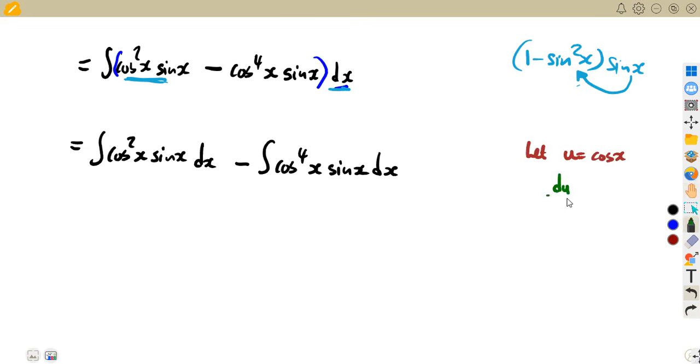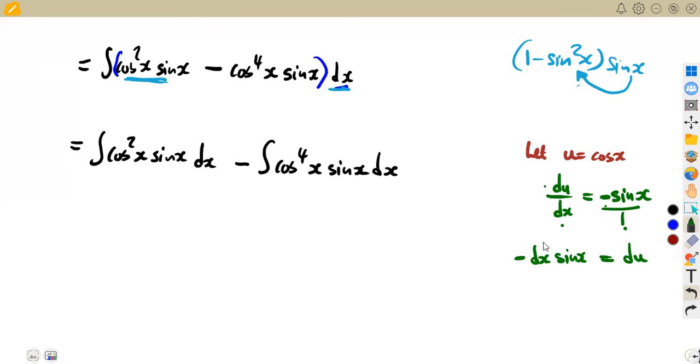So that is going to be du dx. Remember, when you are differentiating cos, it changes to negative sine x. So we can make dx the subject. This is the same as over 1, cross multiply: dx times minus sine x, it's minus dx sine of x, equal to 1 times du.